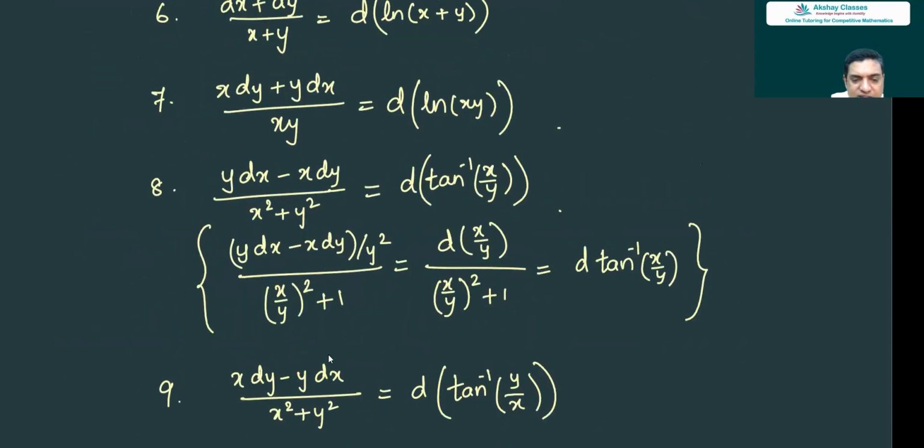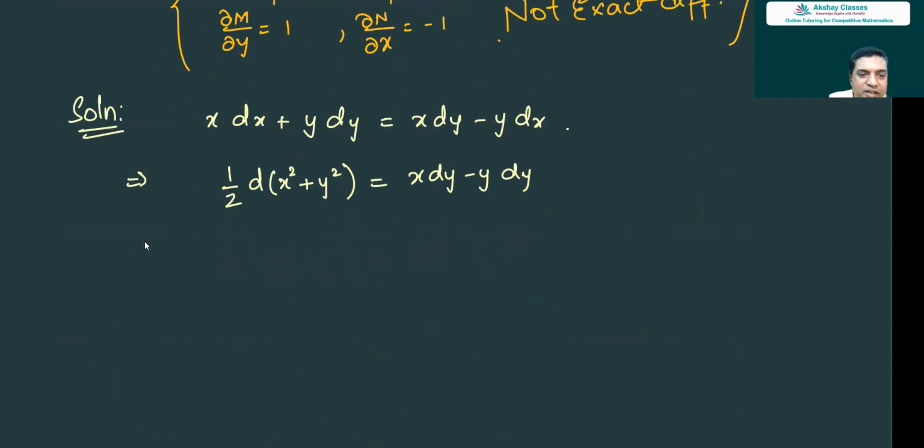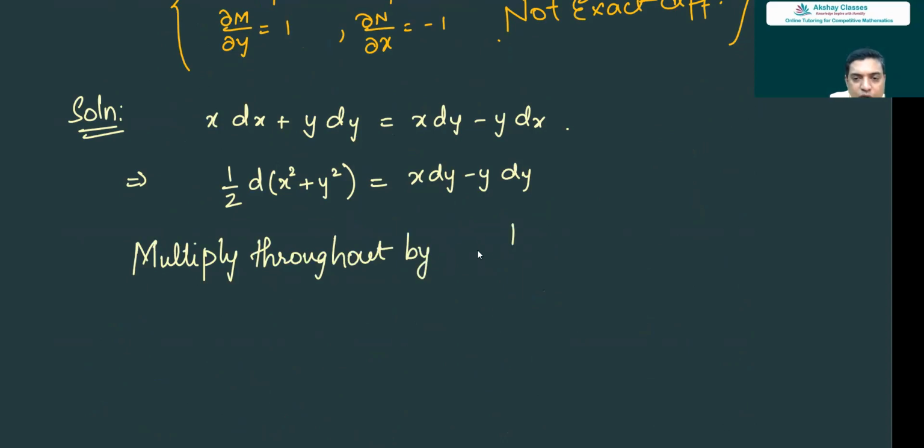Go up, you can see this term x square plus y square. So divide throughout. So your integrating factor, multiplied throughout, is 1 upon x square plus y square. This is the integrating factor.